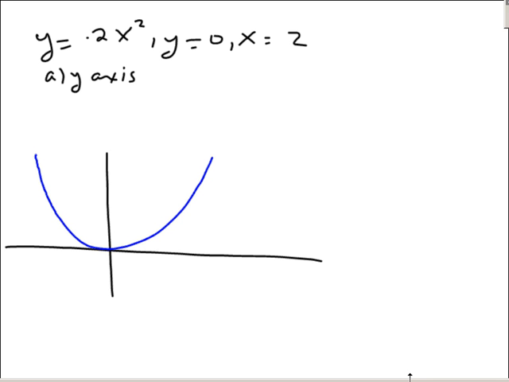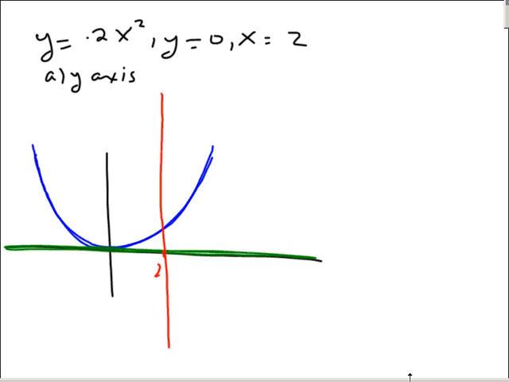Here is your first curve, 2x squared. And the second curve is y equals 0, which happens to be the x-axis. And the next curve is x equals 2, which happens to be right here.